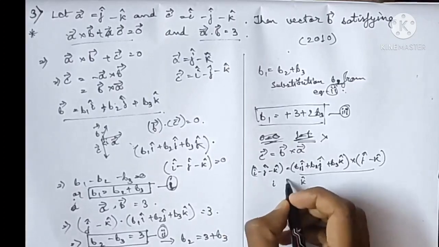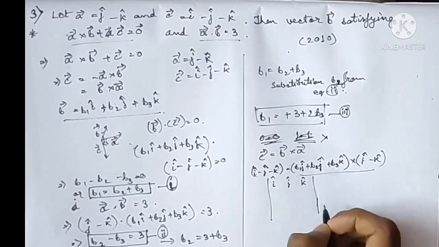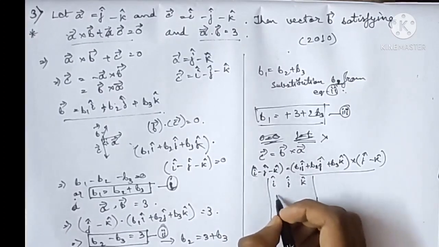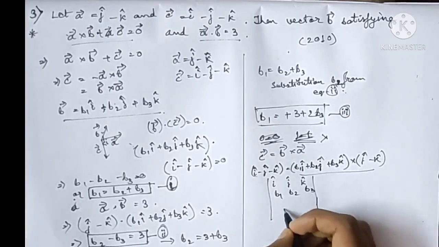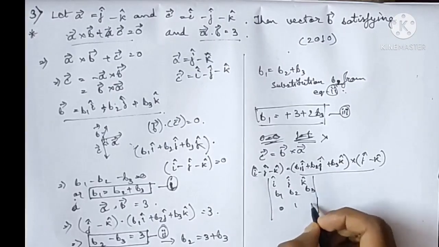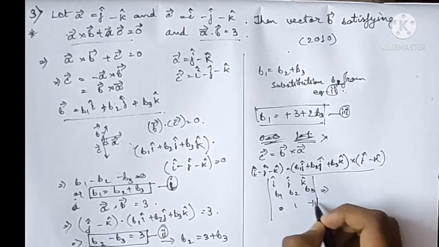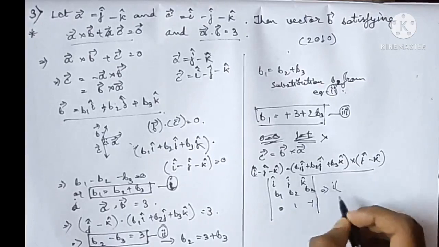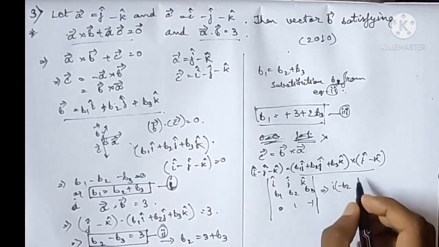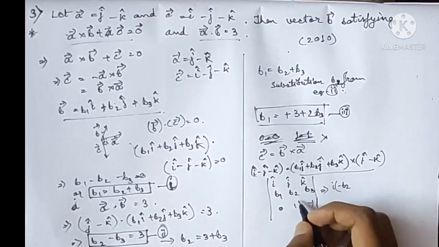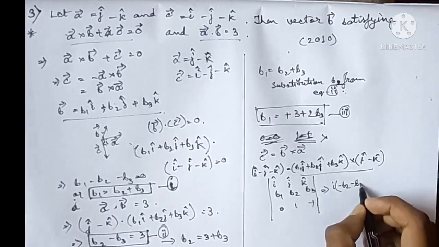I think you know, by seeing the previous lecture on vectors, that this is b1, b2, b3, 0, 1, minus 1. So by doing this we will get minus b2, minus b3.